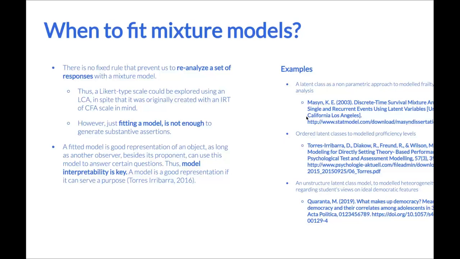The second example is the work from Torres Irribarra and Diakow, in which they used latent class analysis to approximate proficiency levels. Most of the time, when you take an IRT model that represents a test and you want to say that such and such students are above the benchmark and the other students are below the benchmark, you will need to get together with a set of expert judges.